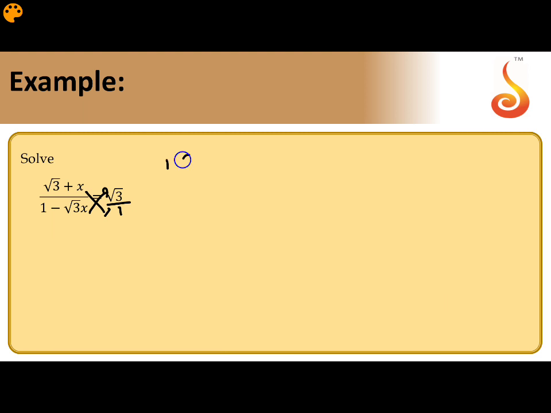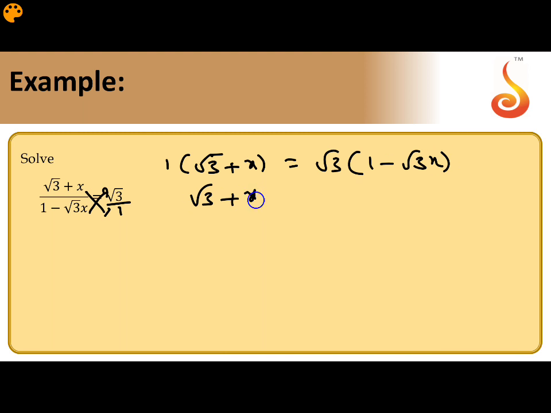So when you take cross multiplication, 1 into root 3 plus x equal to root 3 times 1 minus root 3x. So multiply with 1, root 3 plus x equal to root 3 into 1, root 3, minus root 3 into root 3, 3x.